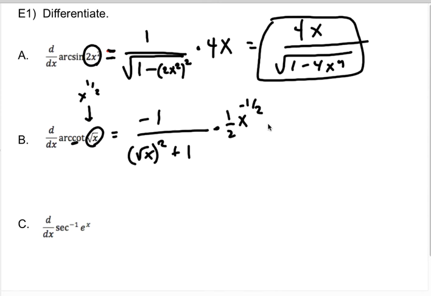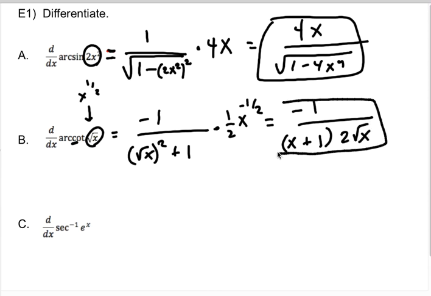So I'm going to get a negative 1, and then this is going to be a regular x plus 1, because that's what root x squared would be. And then this is going to be a 2 root x on the bottom. So you're going to get something that looks kind of like this, and you could clean it up and make it look different, but it's going to look something like this, right?